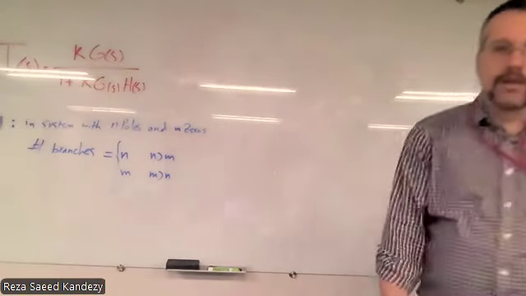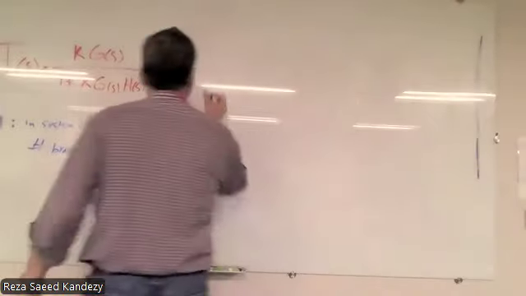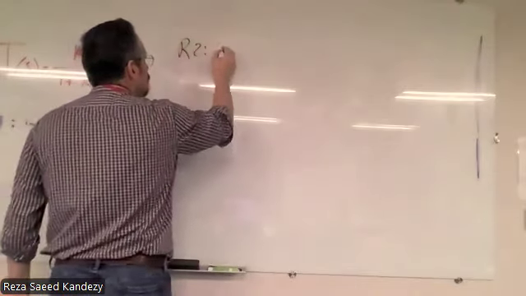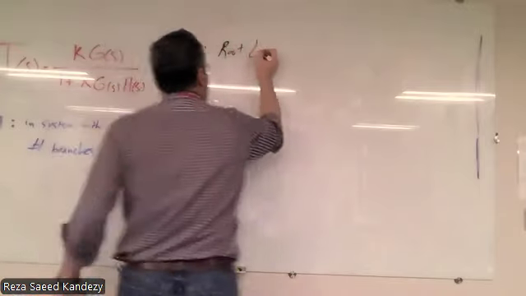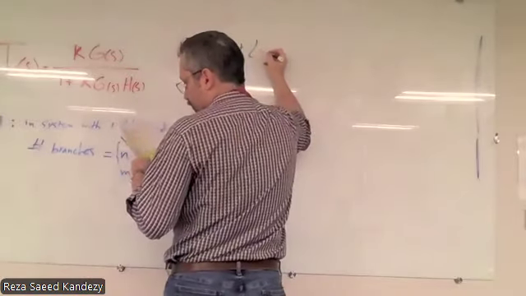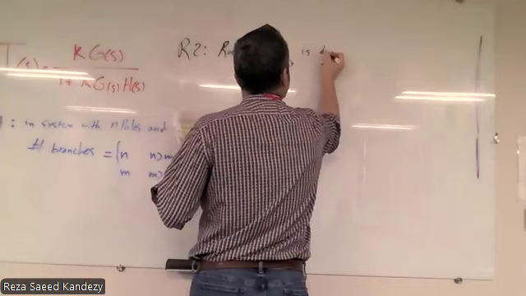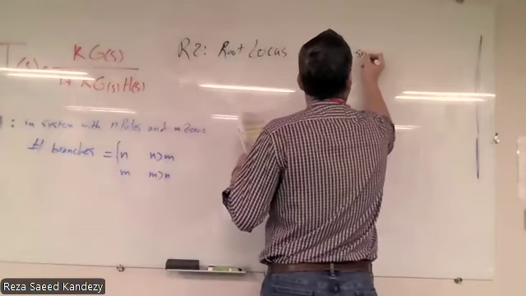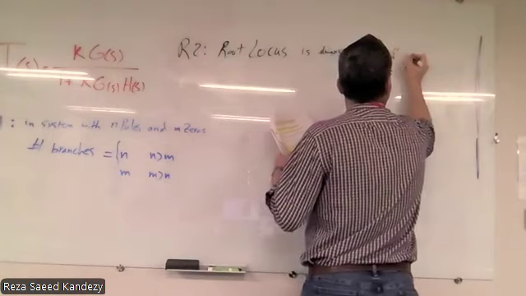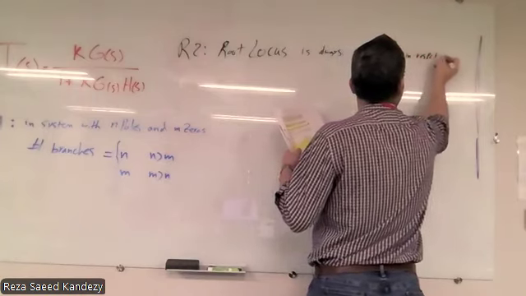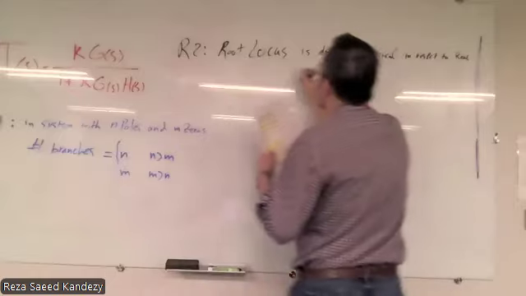Now, rule number 2. The root locus is always symmetric or symmetrical with respect to the real axis.